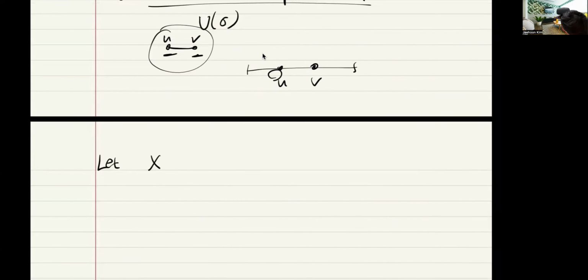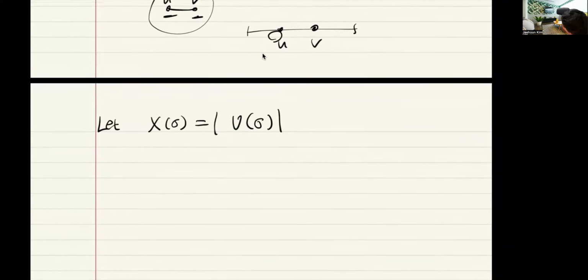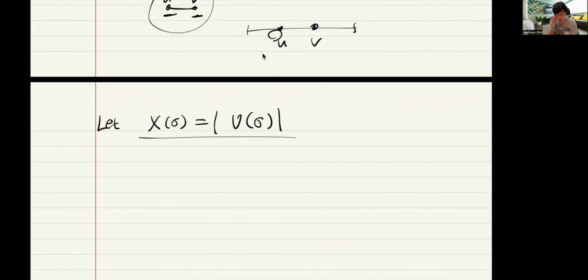So let X be the random variable that is the size of this U, the number of vertices in U. This is a discrete random variable. Its value is a non-negative integer. Then we can compute its expectation.